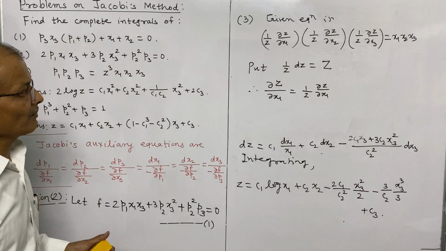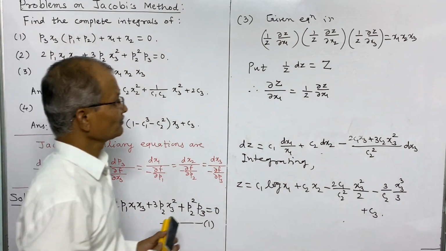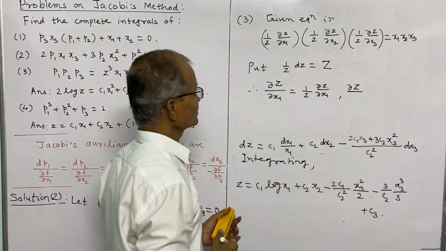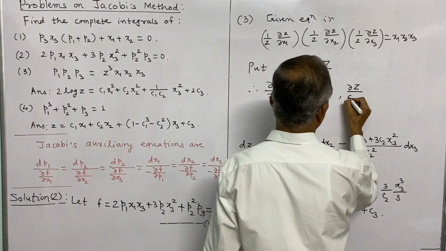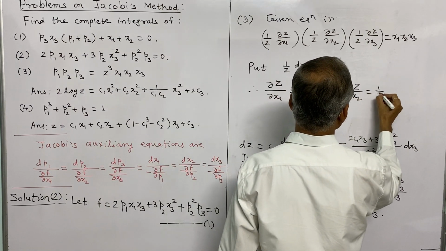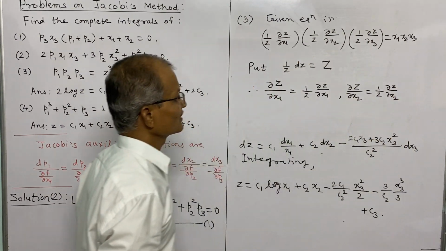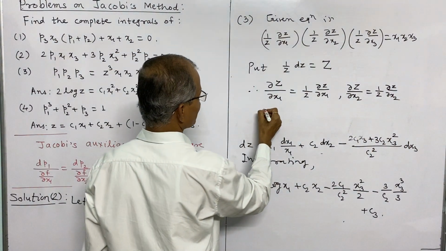And similarly dou capital Z by dou x2 will be 1 by z dou z by dou x2, and so on.